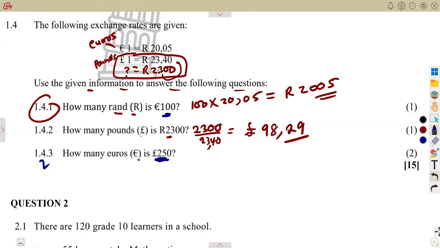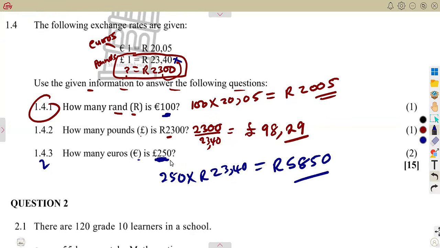Each pound is 23.40 rand, so it was going to be 250 times 23.40 rand. And you obtain the total in terms of the rands now, which was going to be 5,850 rand.